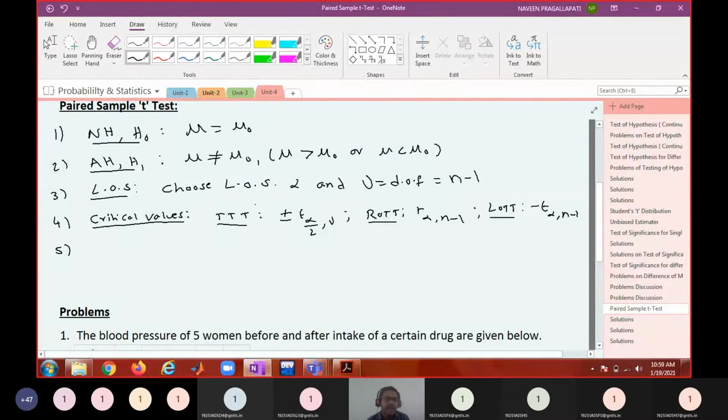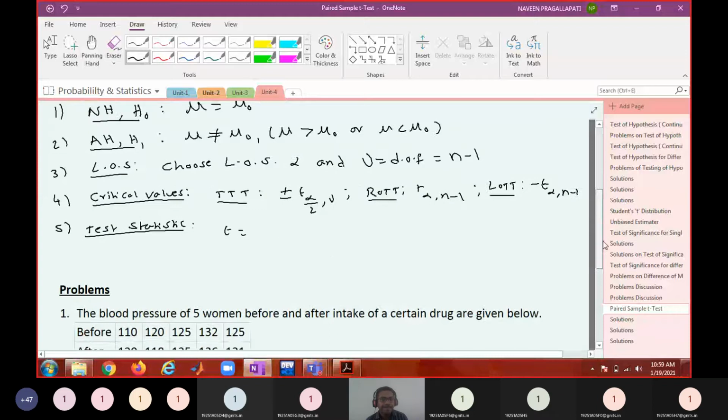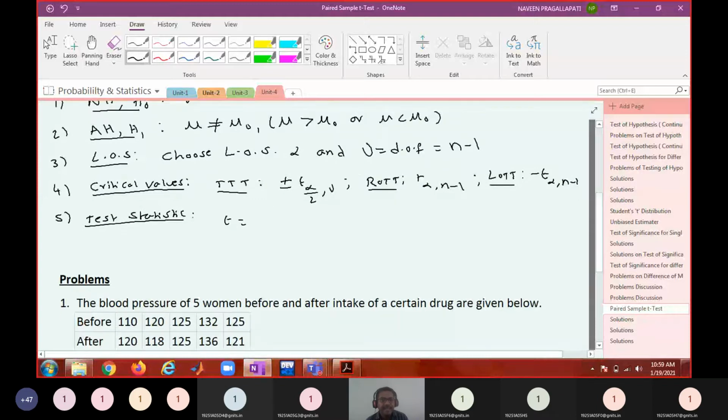Depending on that, you will apply the suitable test. Then the critical values and the test statistic. So what will be this test statistic? T equal to. Because these are all differences, what will be the mean of their differences?